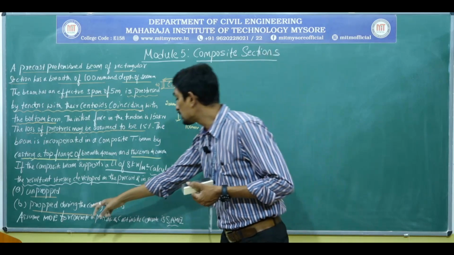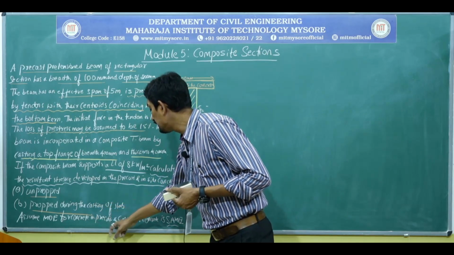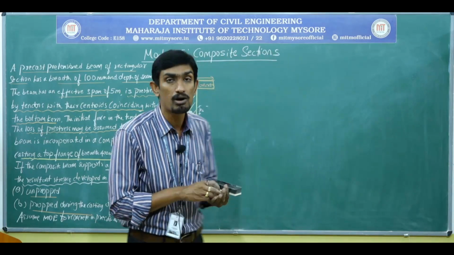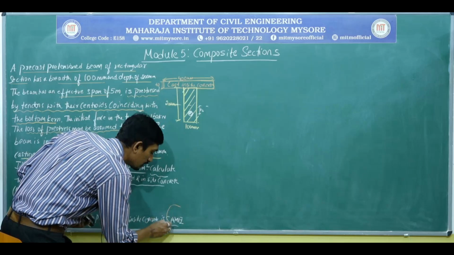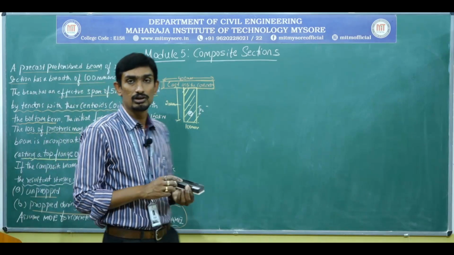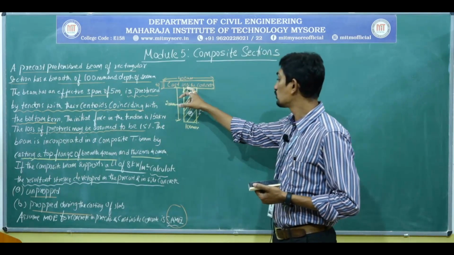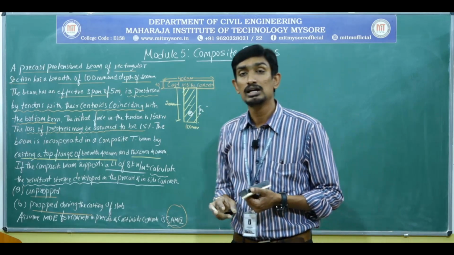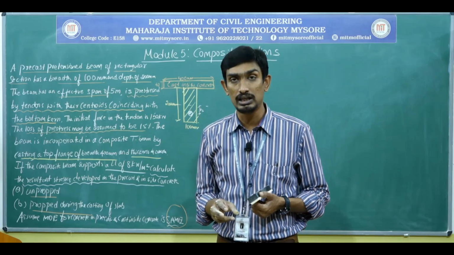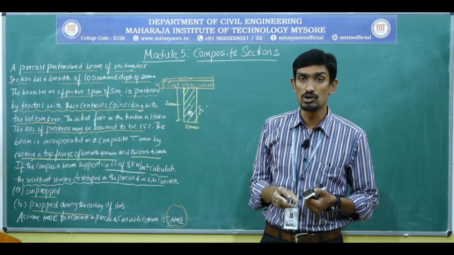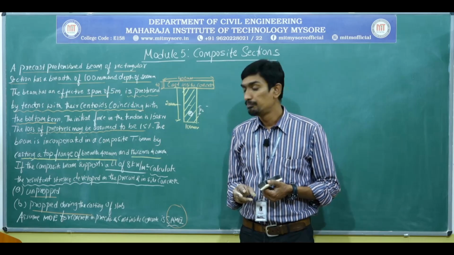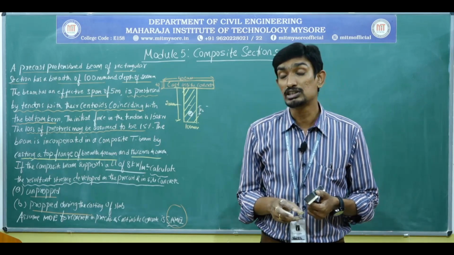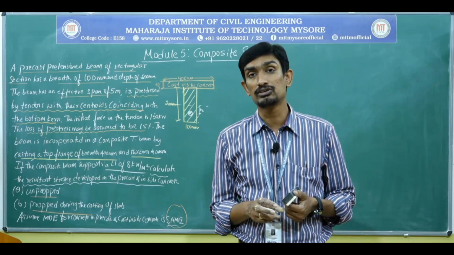Now, the modulus of elasticity of concrete in precast and cast in situ concrete is the same. This is a very, very important word. That means the cast in situ concrete slab and the precast pre-tension concrete have the same modulus of elasticity, that is, the modular ratio, precast modulus of elasticity to cast in situ modulus of elasticity, is the same.